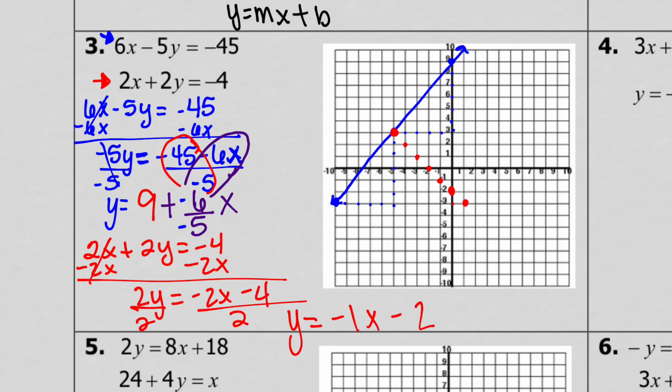So maybe I will do another one. So what is our solution here? It's going to be this point, which is negative 5, 3. And that means we have one solution because there's one intersection.